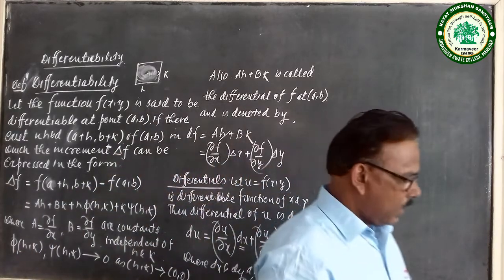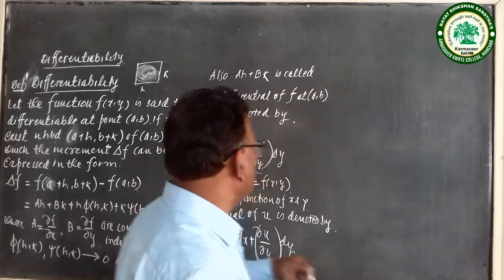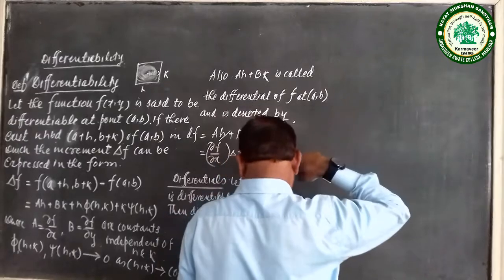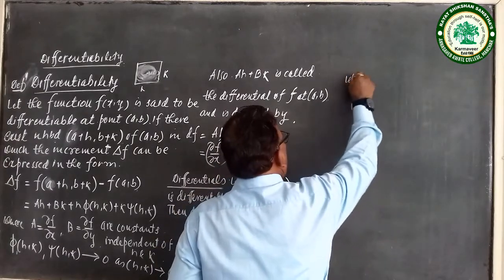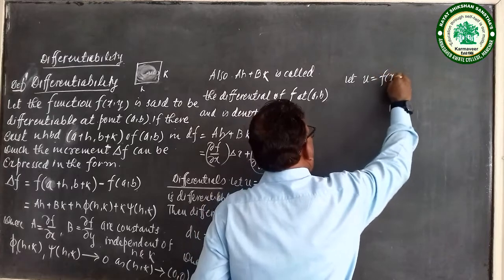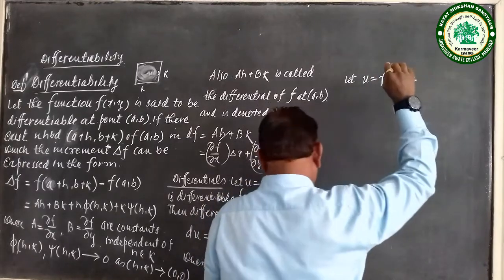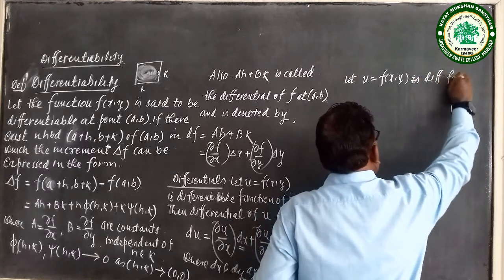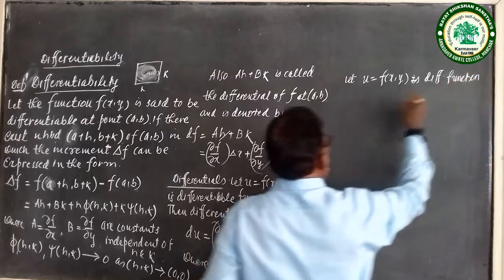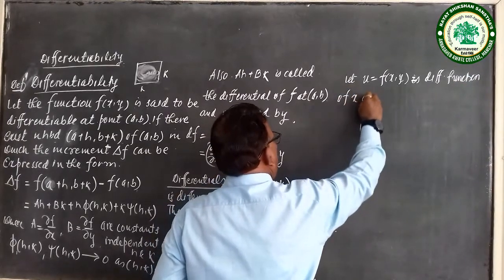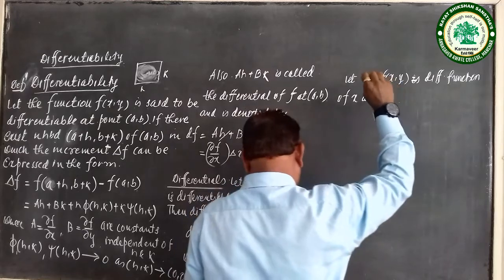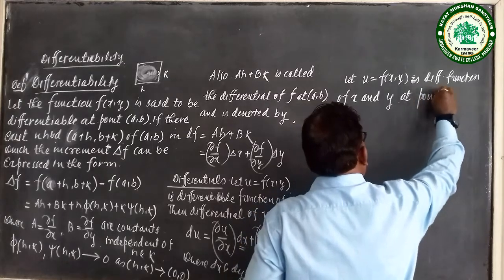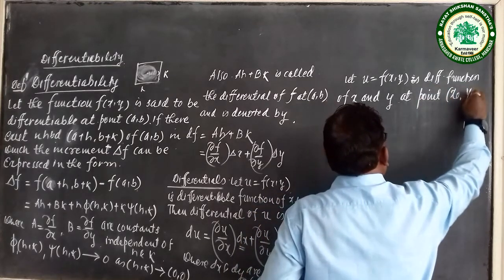Okay. Now, while we are using this in the application of solving examples, we have to actually use this. Let u is equal to f(x, y), which is a differentiable function of x and y at the point (x naught, y naught).